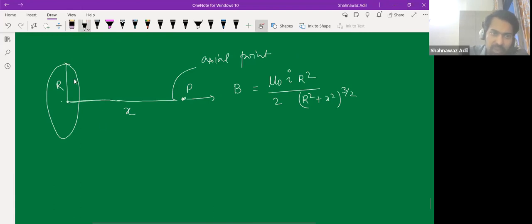At the center, how much is this x distance, if you're calculating the magnetic field at this point?